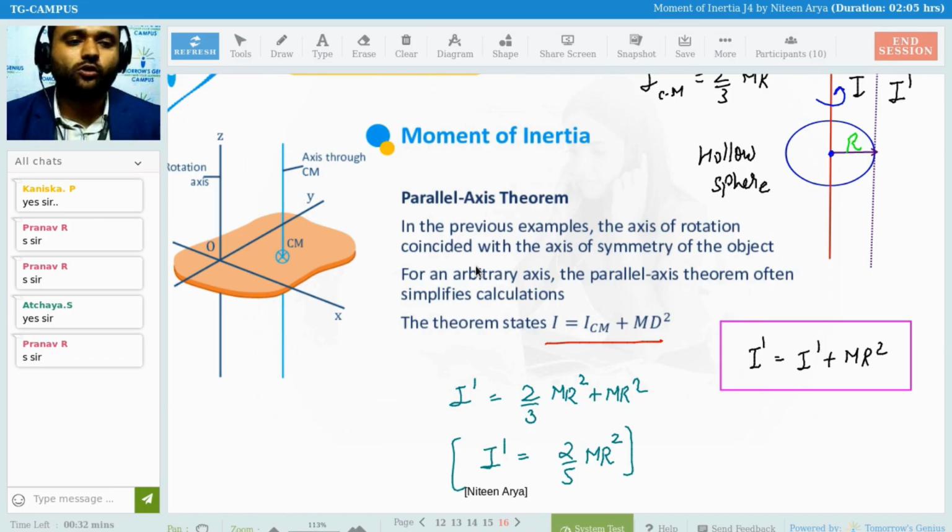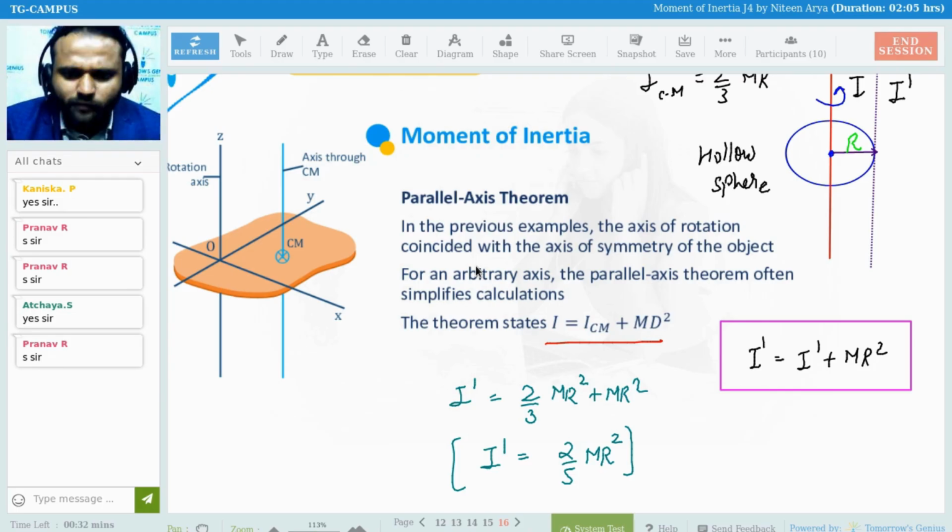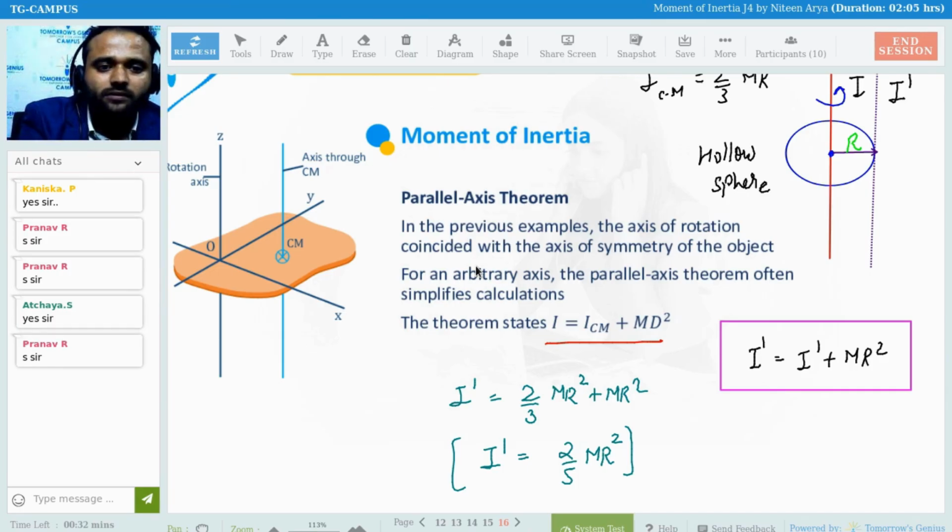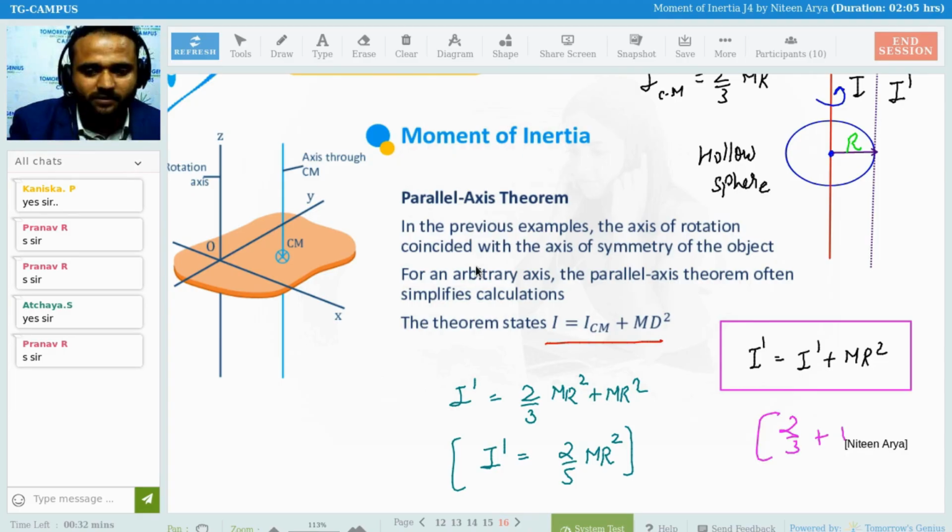Take mr² common, so 2/3 plus 1. Wait, I am confused in this. 2/3 plus 1 is going to be 5/3. 2 plus 3 is 5. Okay, yes, it is going to be 5/3 mr².